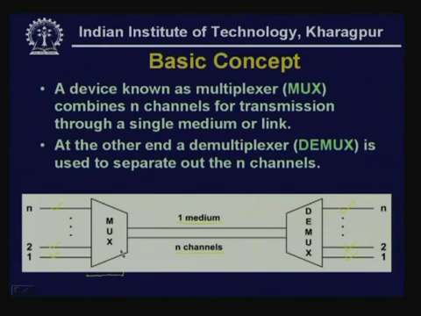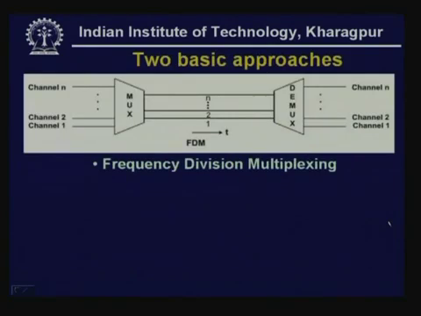So, by making use of two devices, one known as a multiplexer, which combines signals of n channels into a single composite signal which can be sent through a single medium, and at the other end a demultiplexer separates out the signals from different channels, which can be sent to different stations. So, this is how multiplexing and demultiplexing can be done.